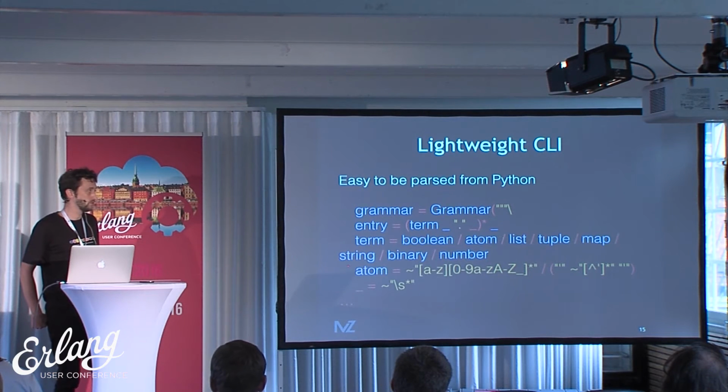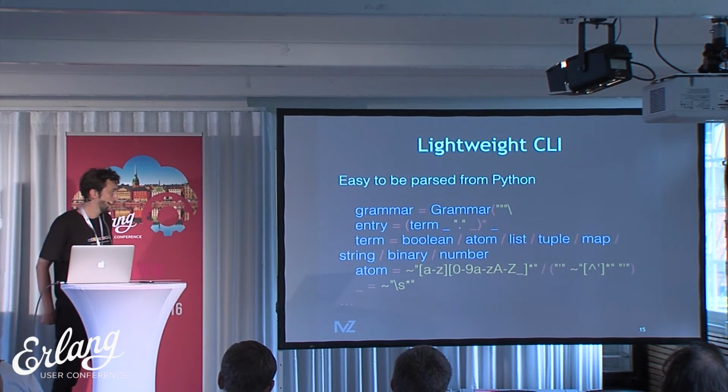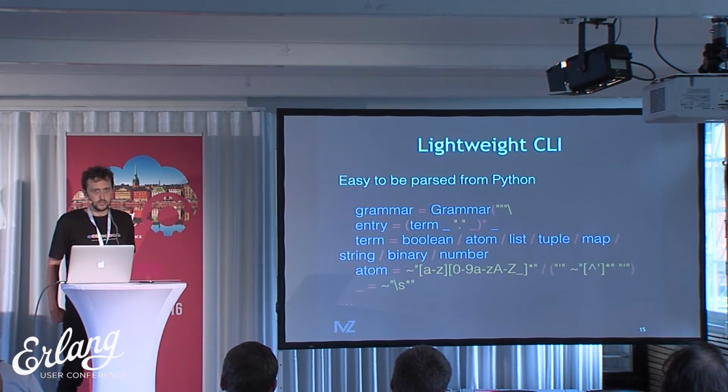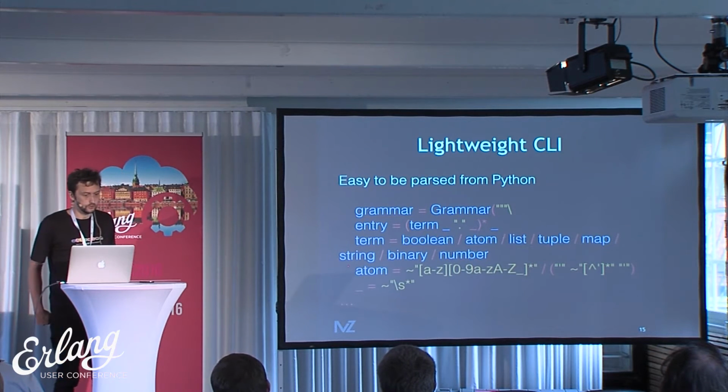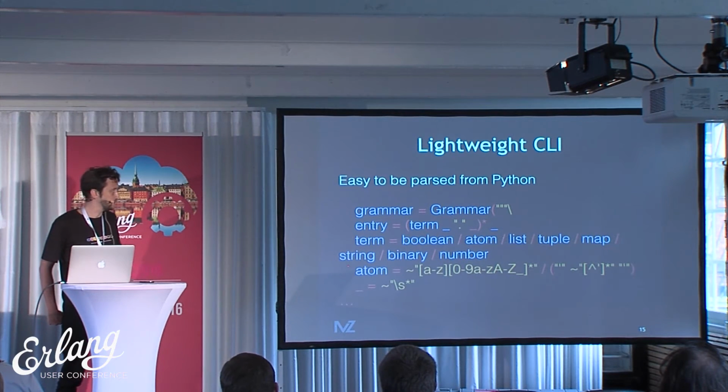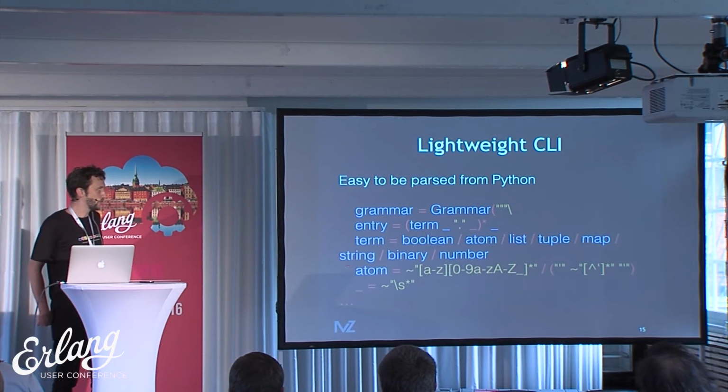And we decided to write a lightweight CLI in Python. And it turns out that it wasn't hard to implement all the grammar that Erlang terms have in Python. We did this in about a day. And we also open sourced this project.